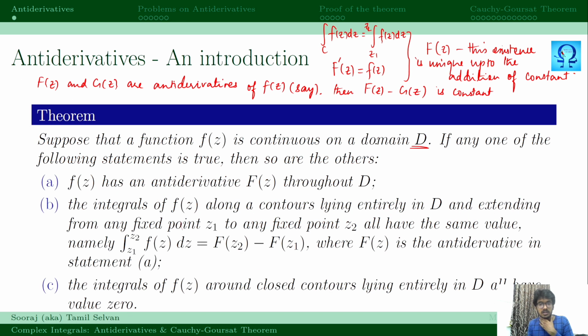But in the statement itself, they have told you that if f of z is continuous and has an antiderivative in a specific domain, then the other two things follow. Since it has an antiderivative, we can directly say that the integral around any closed contour which lies entirely in D has the value 0.